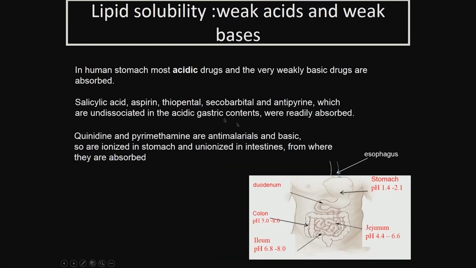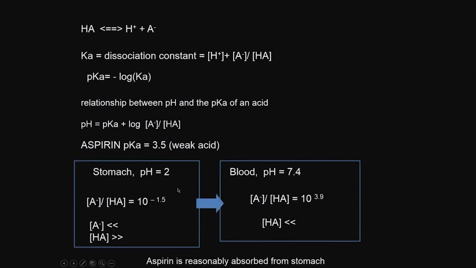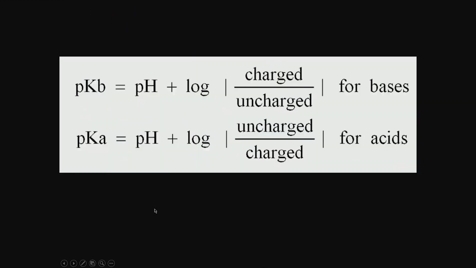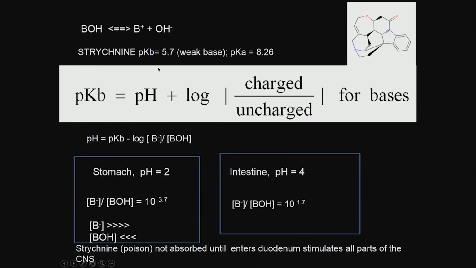As we have said, most acidic drugs are absorbed in the stomach, so that is what is happening. Aspirin gets absorbed from the stomach, whereas, as I said, basic drugs have to go down into the intestine to get absorbed, like this strychnine, understand.